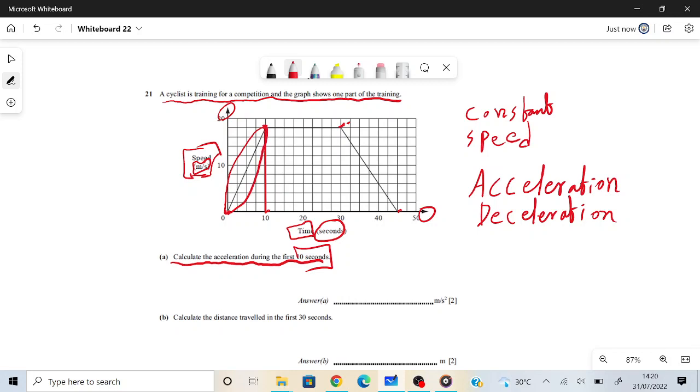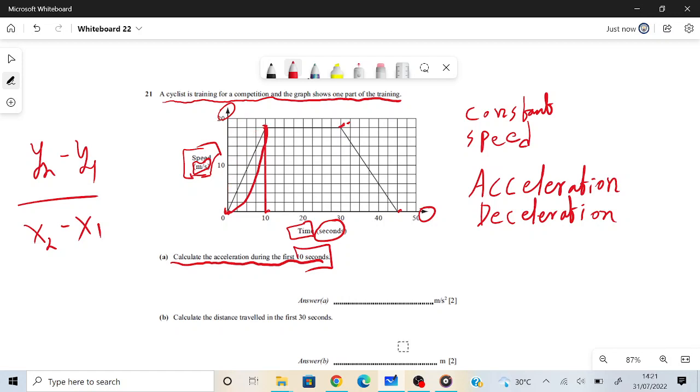When you're trying to find the gradient, the formula you use is y2 minus y1 all over x2 minus x1. However, there is a shorter trick, because in this case you are starting from the origin, the coordinate point 0, 0. So all you can do is change in y over change in x. That means change in y, how far up the line is, divided by change in x, how much to the right the line is.